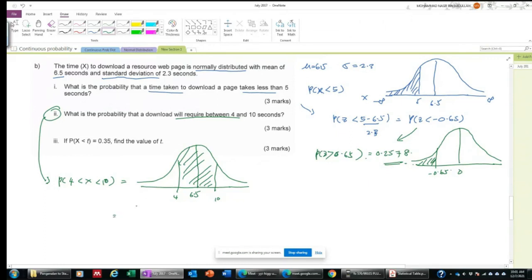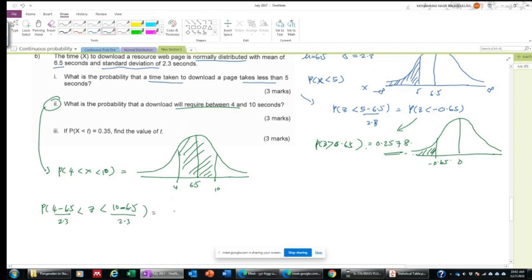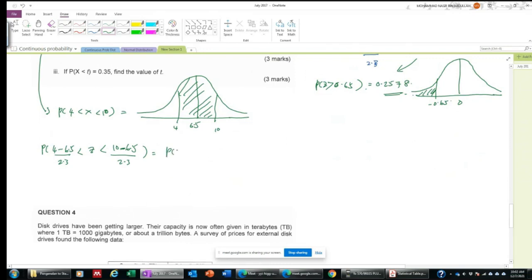Then we need to convert it to Z distribution, right? Probability of 4 minus 6.5 divided by 2.3. This is Z already. And then this is 10 minus 6.5 divided by 2.3. So this one should be probability of negative 1.09 less than Z less than 1.52, right?